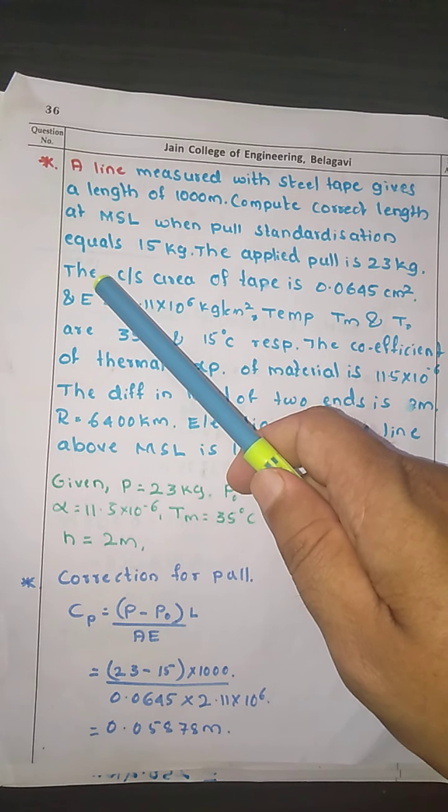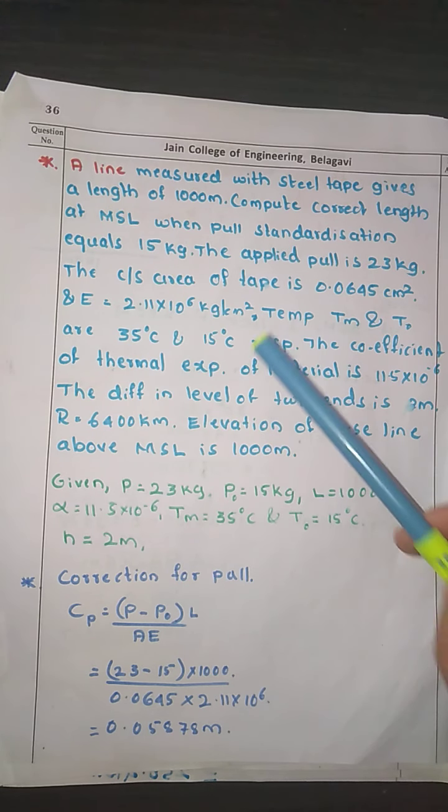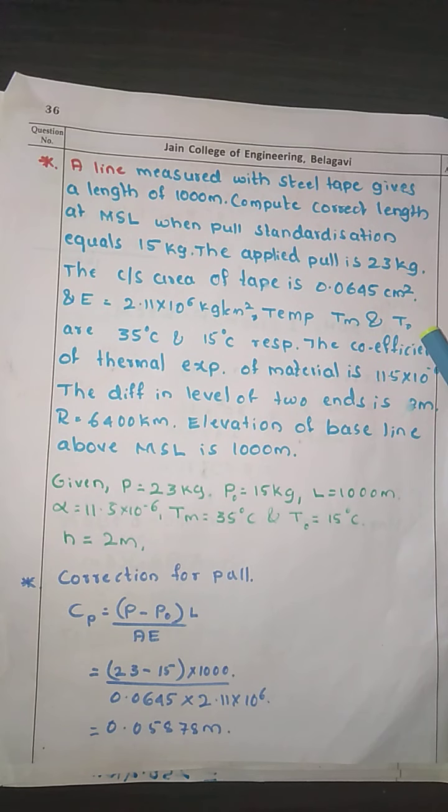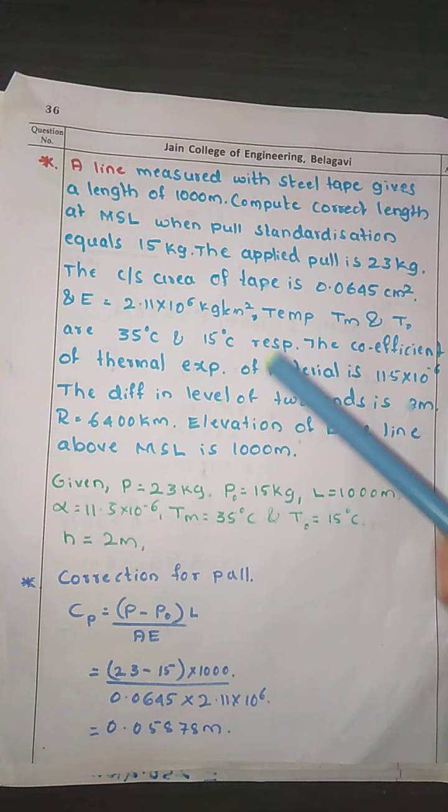The cross-section area of the tape is 0.0645 centimeter square, and E is equal to 2.11 into 10 to the power 6 kg per centimeter square. The temperature of measurement and the temperature at standardization are 35 degrees Celsius and 15 degrees Celsius respectively. The coefficient of thermal expansion is 11.5 into 10 to the power minus 6.